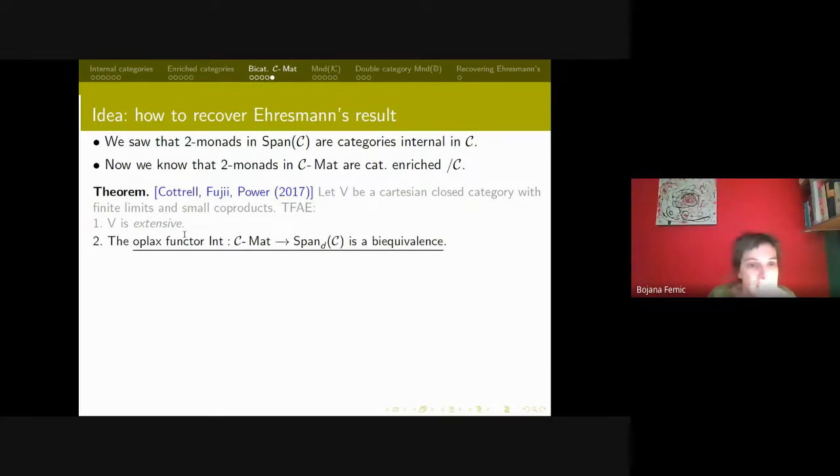I just tell you that it involves one preservation assumption on a certain functor, and it is very similar to the assumptions of Ehresmann, okay? It's just kind of more elegant, so to say. Well, V being extensive is equivalent to an oplax functor Int, that they define from CMAT into span_D C, being a biequivalence.